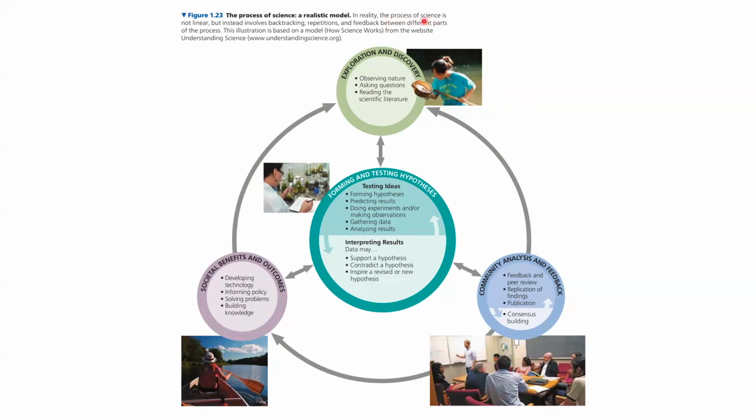They say the process of science is not linear, but instead involves backtracking, repetitions, and feedback between different parts of the process. This is just a model of the more complicated version of the scientific process, where there's this back and forth process and it's a collaborative process.